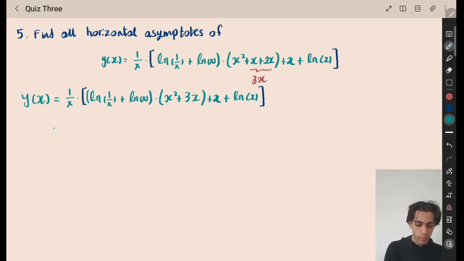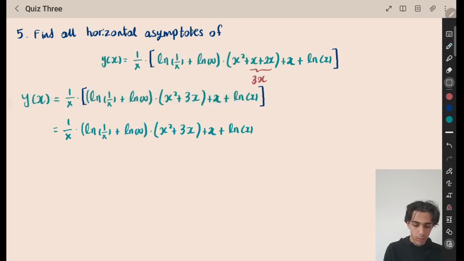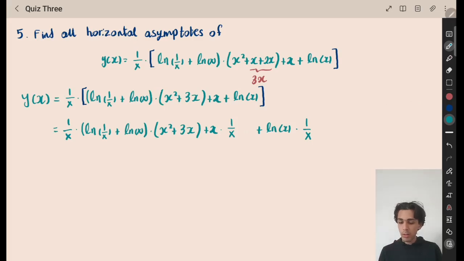So I'll get 1 over x times this very big thing, plus 1 over x times x, plus ln of x times 1 over x. So I think also x times 1 over x gives us 1. Here there's not really much we can do, so I'll just leave it as it is.